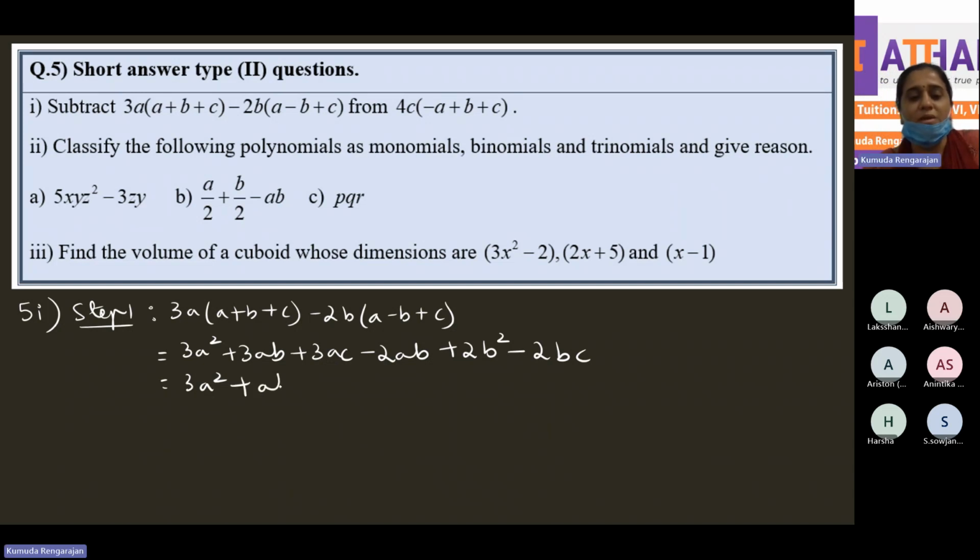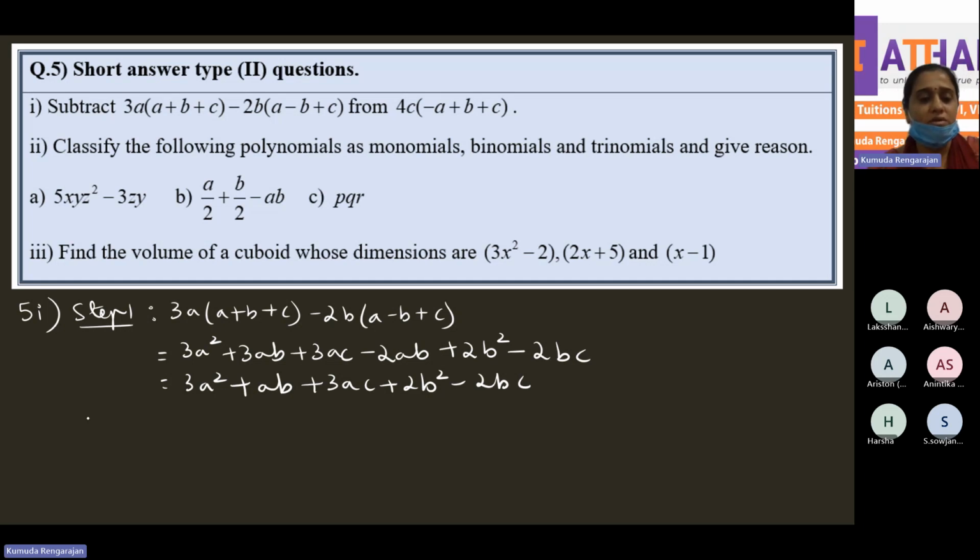Plus 1ab or simply plus ab. The other terms will come as they are because you don't have like terms. Minus 2bc, correct. Right, 3a squared plus ab plus 3ac plus 2b squared minus 2bc.